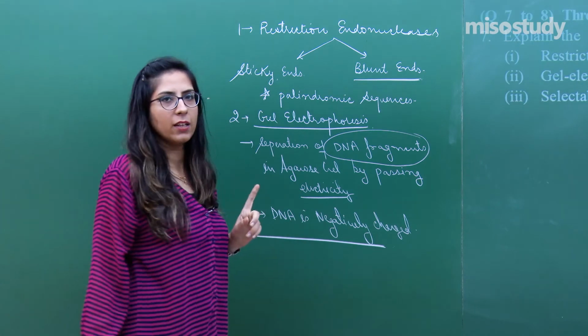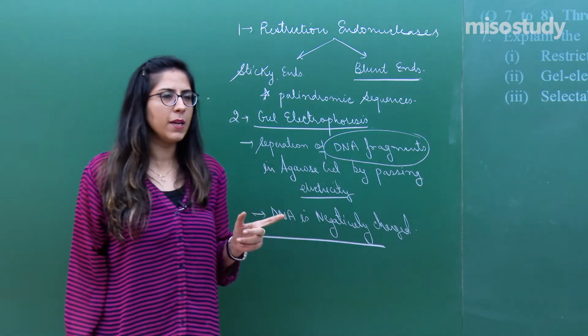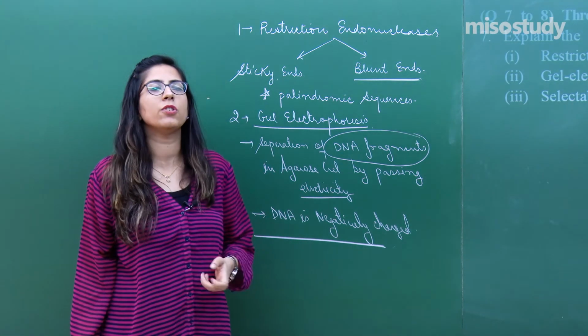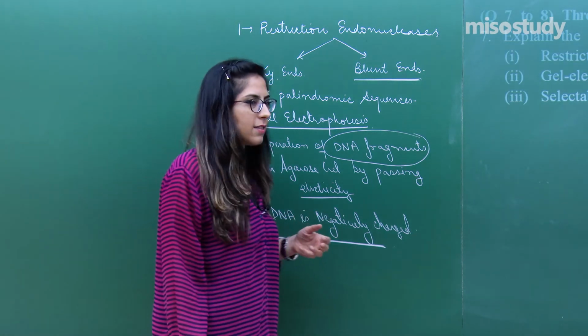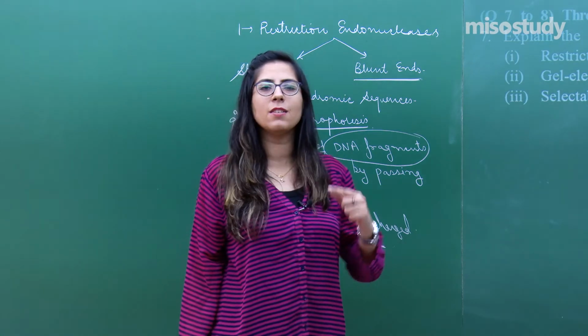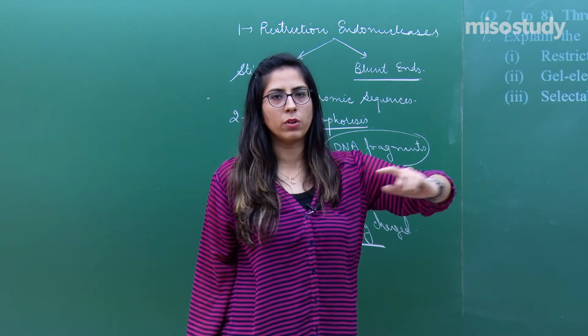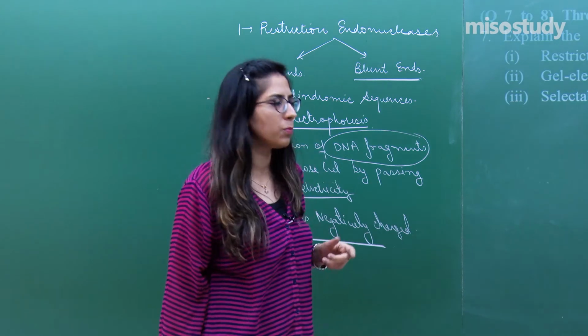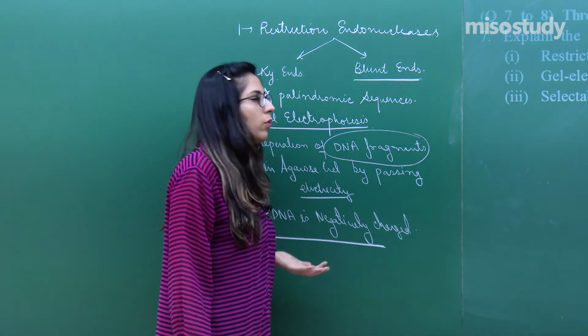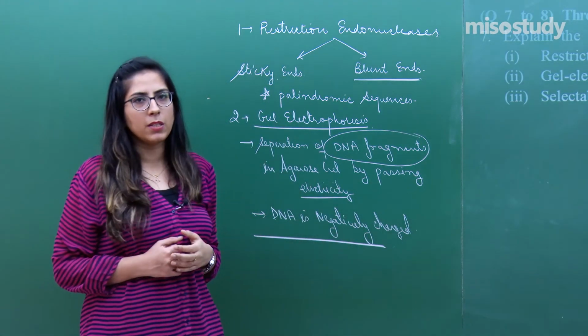I made a diagram in the session. Try to make the diagram over here, with which you can easily explain how the DNA fragments are separated. DNA is negatively charged, so it moves towards the anode, and due to this transportation the DNA fragments are separated.